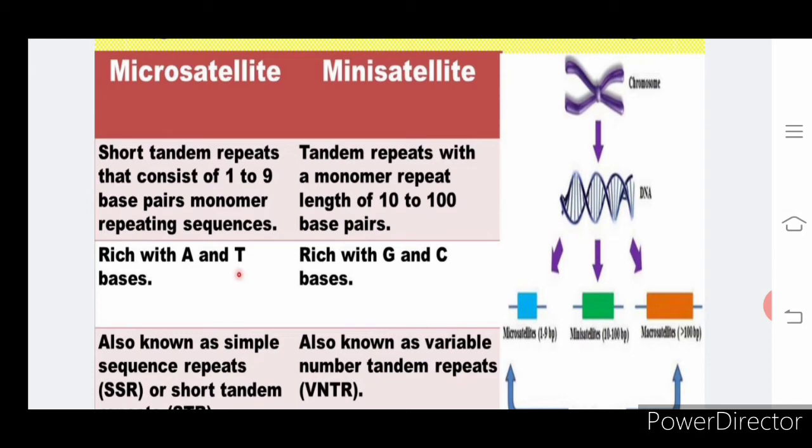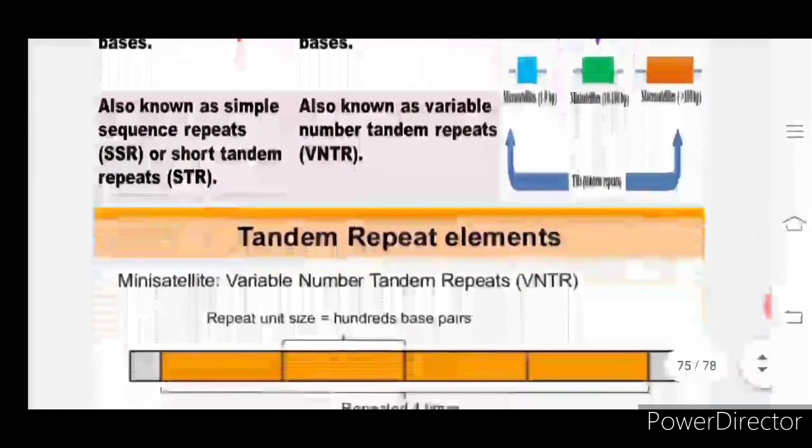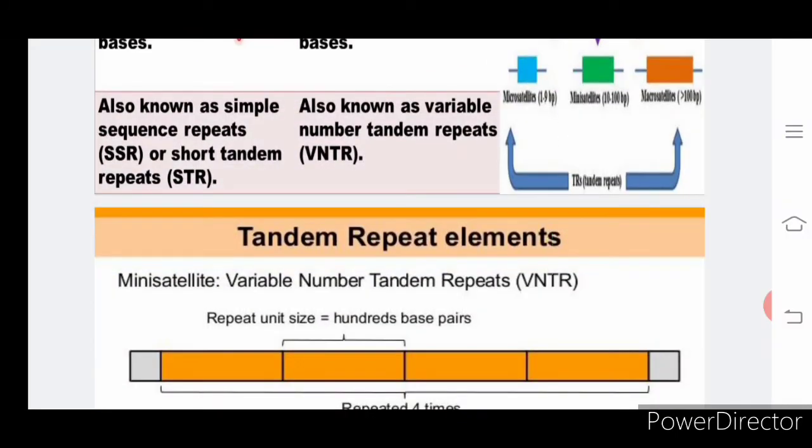If it is 10 to 100, it is called mini. They are rich in adenine and thymine. Here they are rich in guanine and cytosine, and also known as simple sequence repeat. This is also called SSR, and here mini is also known as VNTR, variable number tandem repeats.